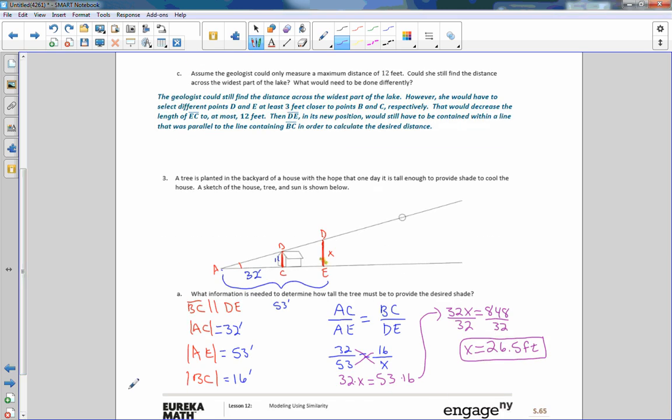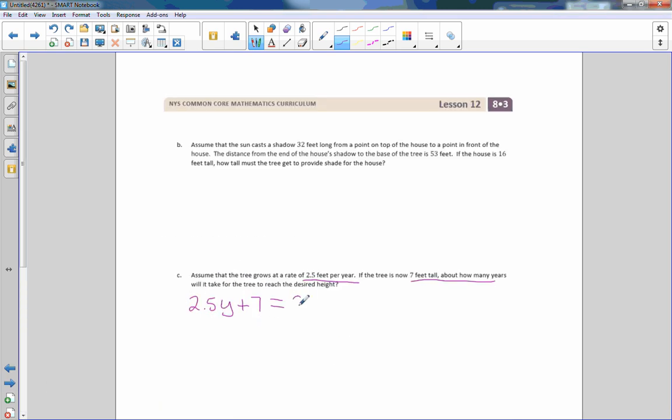26.5 feet tall. So 2.5 feet per year, plus it's already 7 feet tall, would have to equal 26.5 feet. So there's my equation to solve. I need to know how many years. So I subtract that 7 feet off because we've already got 7 feet, so we see how many more feet the tree has to grow.